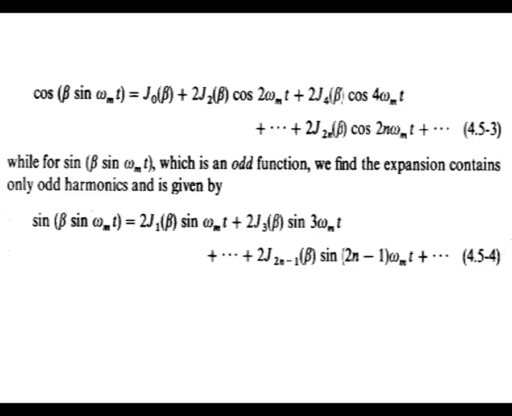When n is equal to 1, the order is 2 minus 1, which is 1. When n is equal to 2, it is 4 minus 1, which is 3. n takes integer values. So this is the odd function, and the other is the even function.